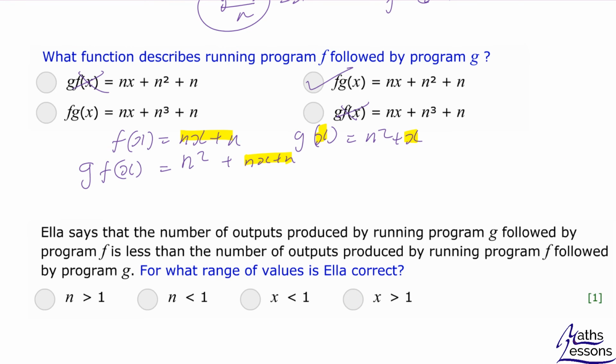Right, this is a very unusual question. So let's look, we've already got, so we're doing g followed by f is less than the number of outputs of the program f followed by g. Well, we've done f followed by g.